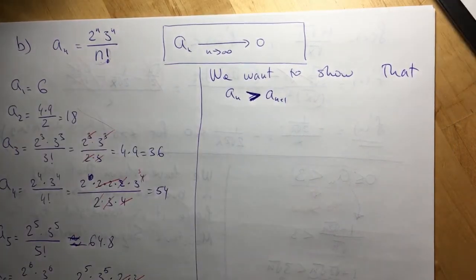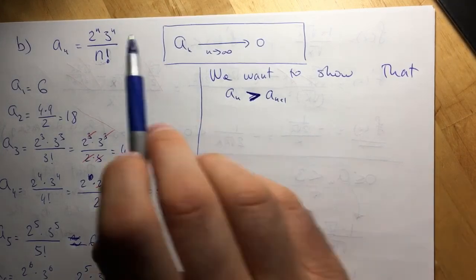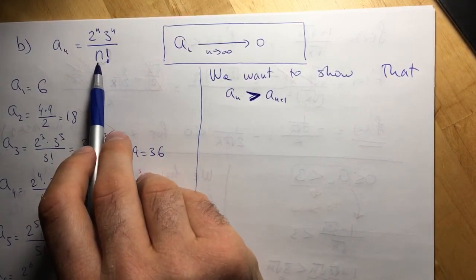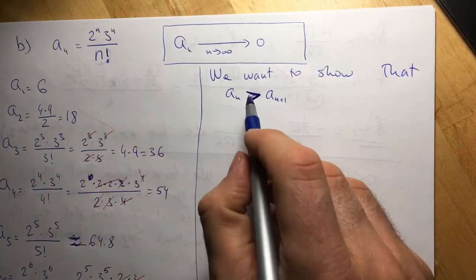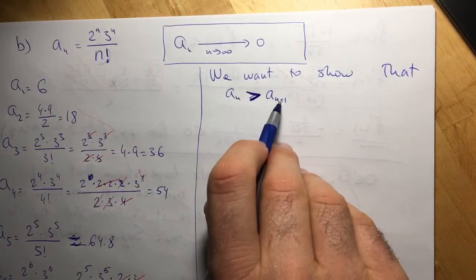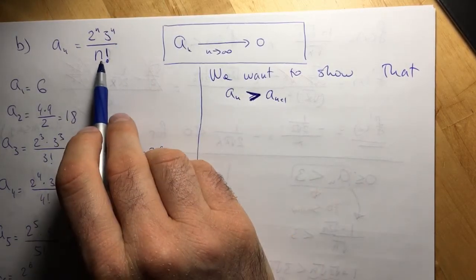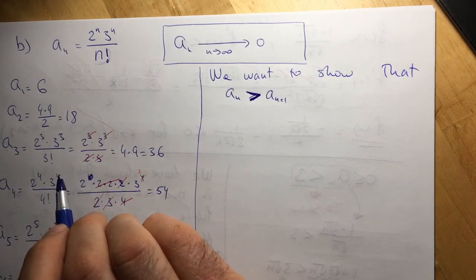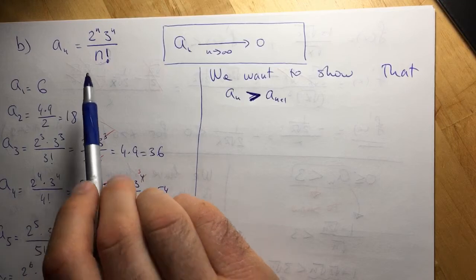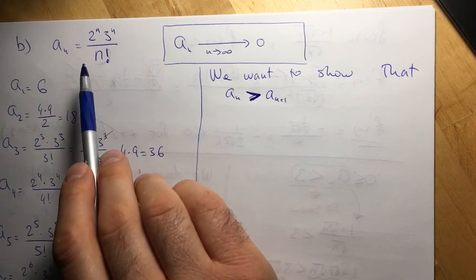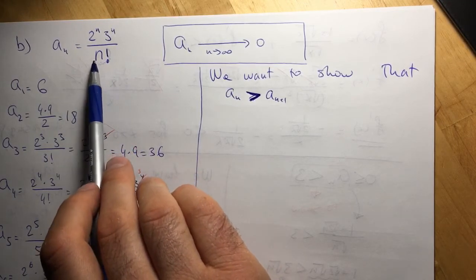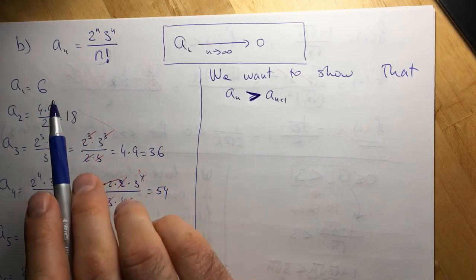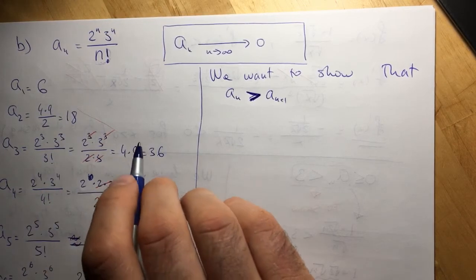So whenever you see a factorial and you have to show that the sequence is increasing or decreasing, please be careful here. You really just need to compare these two terms, okay? Because we have not studied what is the derivative of n factorial, and we cannot study that because n factorial is not a continuous function, okay? I cannot define x factorial and expect that that's going to be a continuous function.